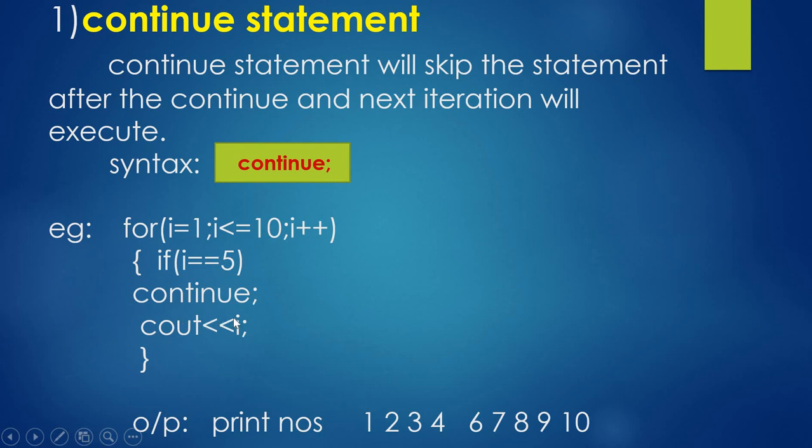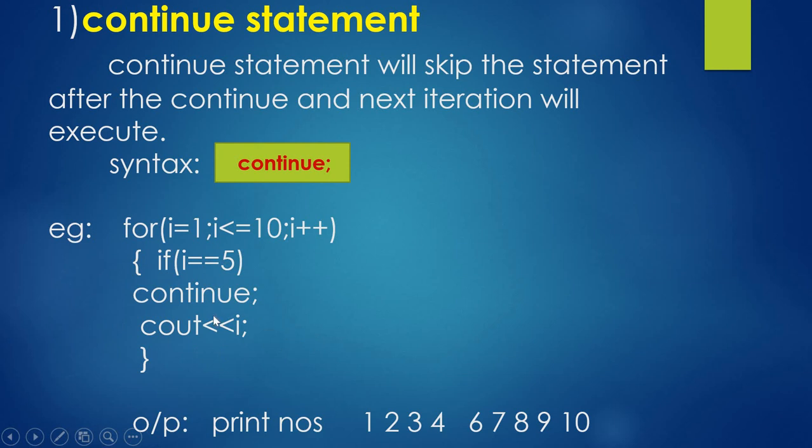cout i. First, the value of i will be 1, then it will print 1. Then 2, that also prints, then 3, 4, 5. If i is equal to 5, continue means if i reaches 5, it will skip the statement after the continue.